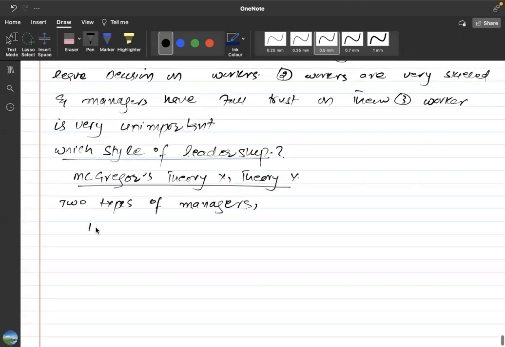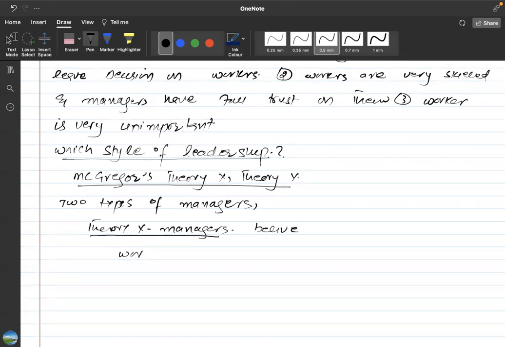Theory X managers are those managers that believe that workers dislike work. It's not the case that workers are like this. This is the belief of the manager that workers dislike the work. They believe that whenever workers are given responsibility, workers will avoid responsibility.